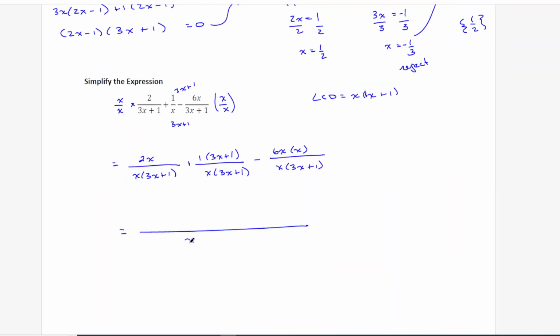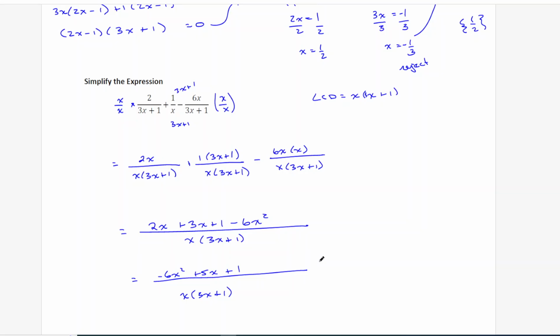So my denominator would be x times 3x plus 1. They all have it in common. And then my numerator would be 2x plus 3x plus 1 minus 6x squared, which would simplify to negative 6x squared plus 5x plus 1, all over x times 3x plus 1.